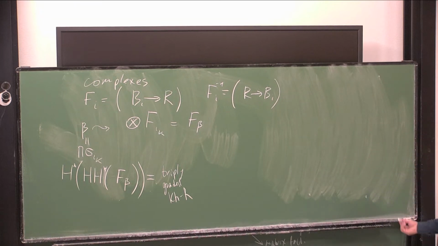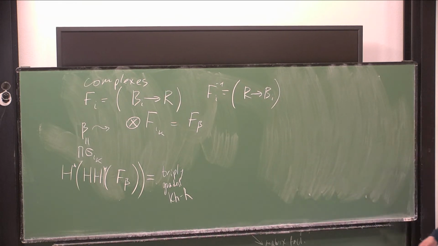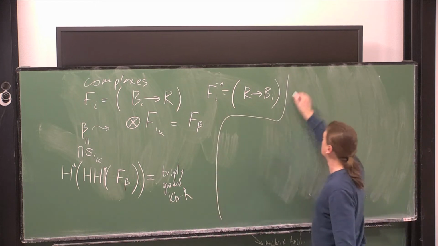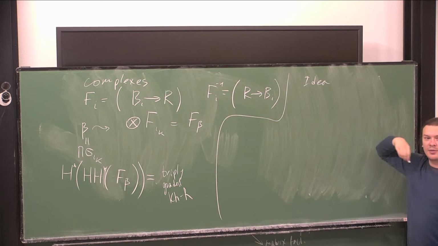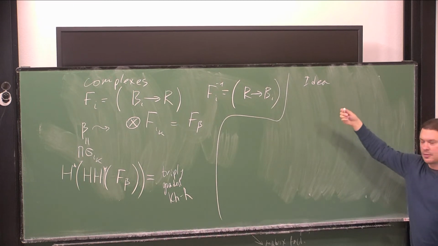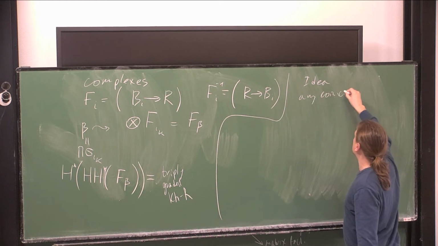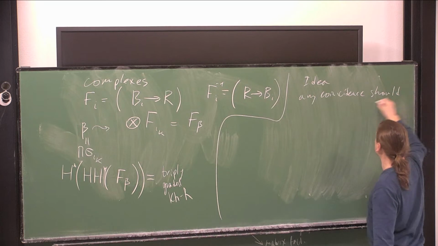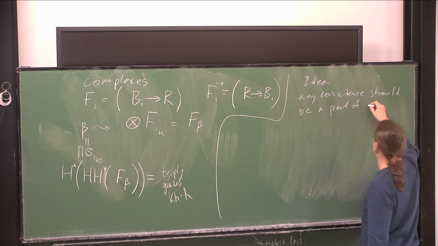And what we want to do is find some extra structures here. The main idea is to look for coincidences and make them part of the structure. So any coincidence should be part of the structure.